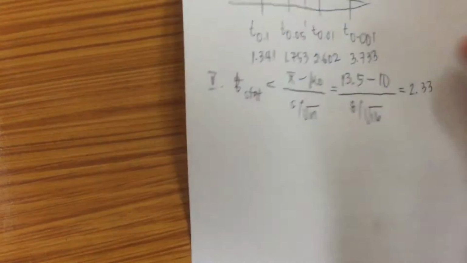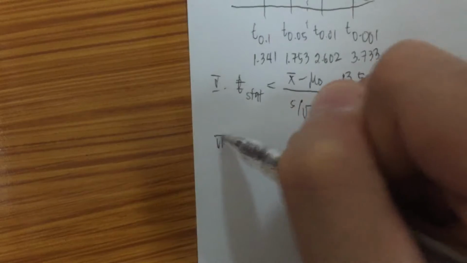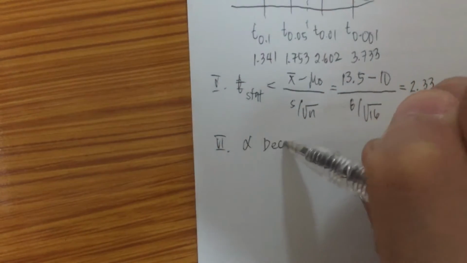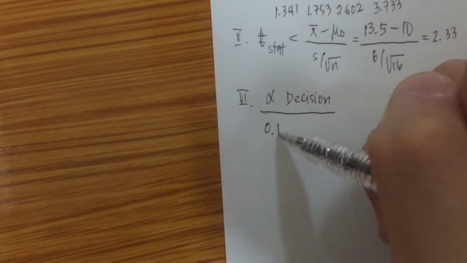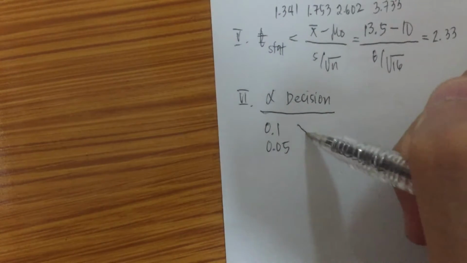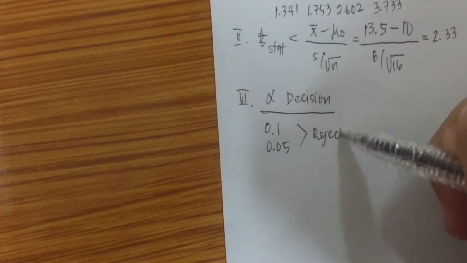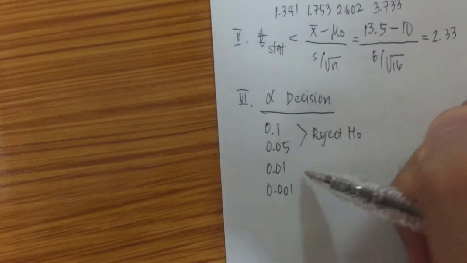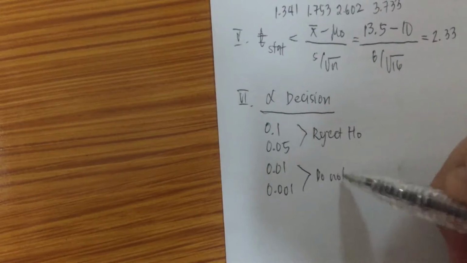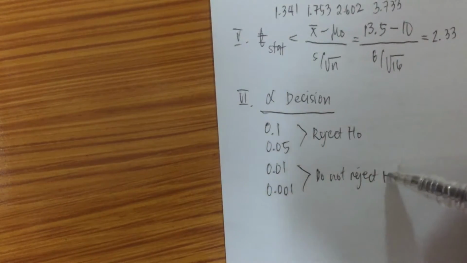So if we were to make the decisions for those values of alpha, for 10% and for 5%, we will reject the null hypothesis. And for 1% and 0.1%, we do not reject the null hypothesis.